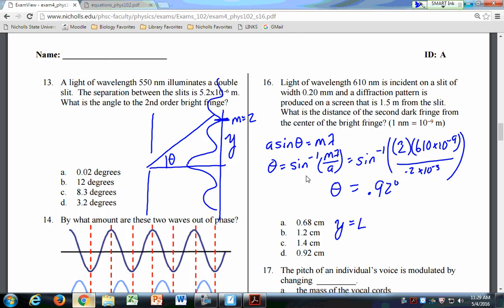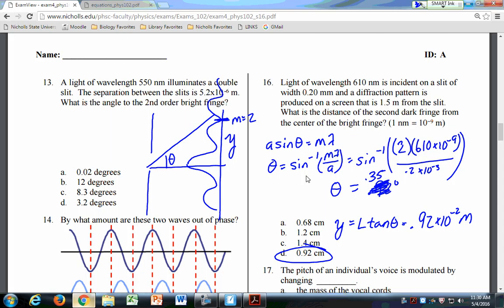Yeah, theta's, I'm sorry, 5 degrees. Oh, okay. And then y is L tan theta, which I assume that's 0.92 times 10 to the minus 2 meters, which is going to be 0.92 centimeters.